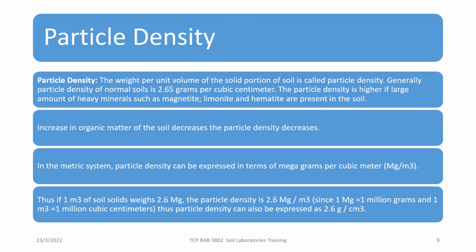In the metric system, particle density can be expressed in terms of megagram per cubic meter. Thus, if 1 cubic meter of soil solid weighs 2.6 megagram, the particle density is 2.6 megagram per cubic meter, since 1 megagram equals 1 million gram, and 1 cubic meter equals 1 million cubic centimeter.